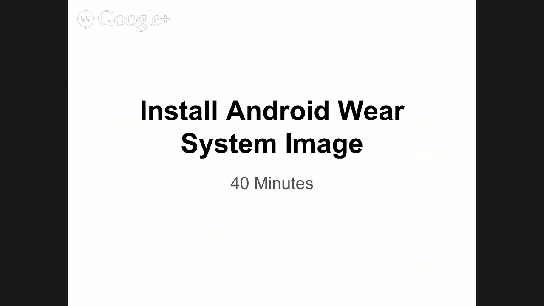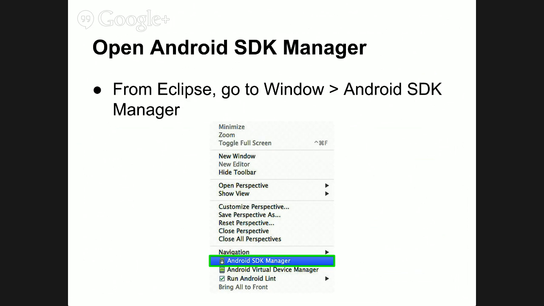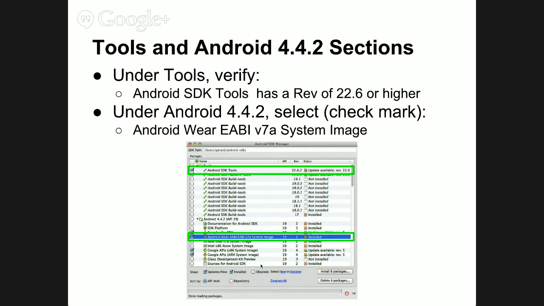Now we've installed ADT, the baseline we need. Now we need to install the Android Wear software. From Eclipse, you go to Window, and then Android SDK Manager. You click on it. Under Tools, you check this version.